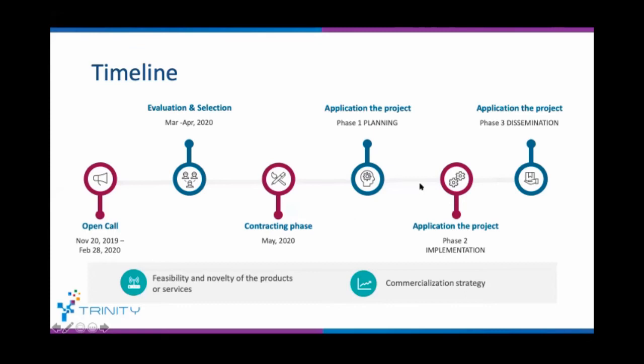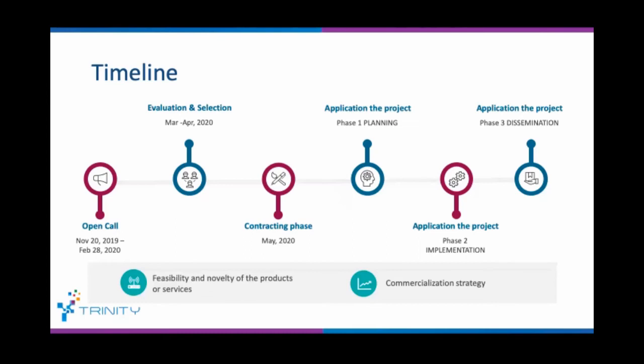Then all your proposals, or the projects and experiments that you are developing, are going to run in 3 phases. The first phase is a planning phase. I'm going to go into details of each phase in a second. After the planning phase, your project moves to the implementation, of course, the execution of your work plan, what you were willing to invent.